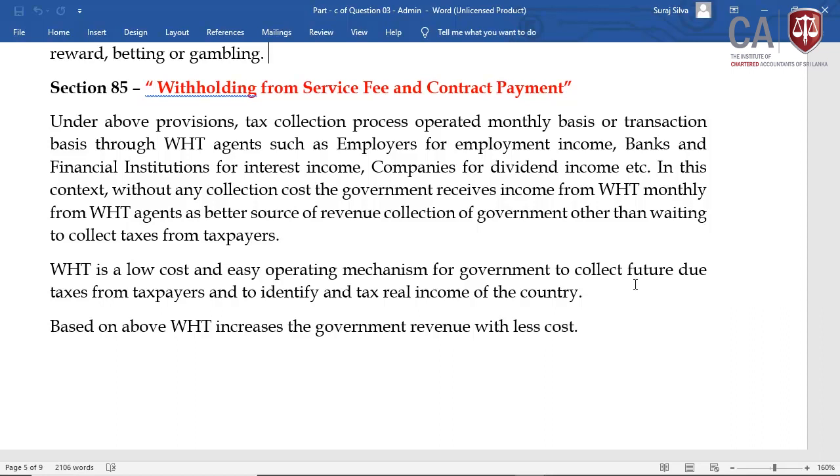The second advantage: WHT is a low cost and easy operating mechanism for the government to collect future due taxes from taxpayers and to identify the real income in the country in a timely manner. Based on the above, WHT increases government revenue with less cost. Okay, this is the analysis of how withholding taxes help the revenue collection of the government.